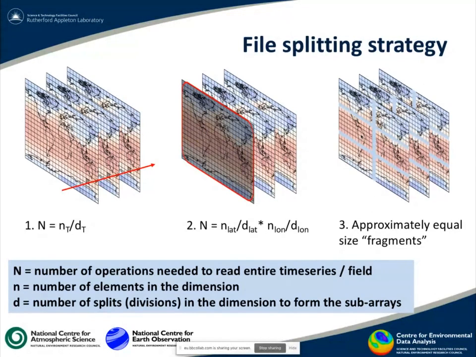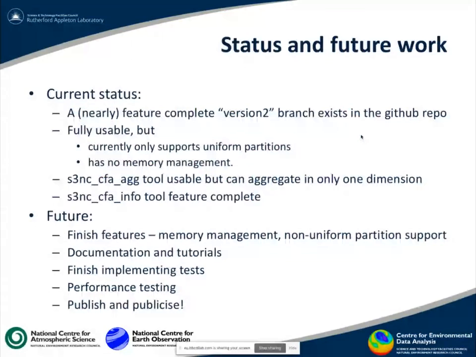And now the user can specify what subarray shape they want as well. And if you use the aggregator tool, then the subarray shape will be whatever is in the file. The aggregator tool doesn't try to do anything smart like splitting the files into smaller fragments. It just takes the files that already exist and builds a master array file from them.